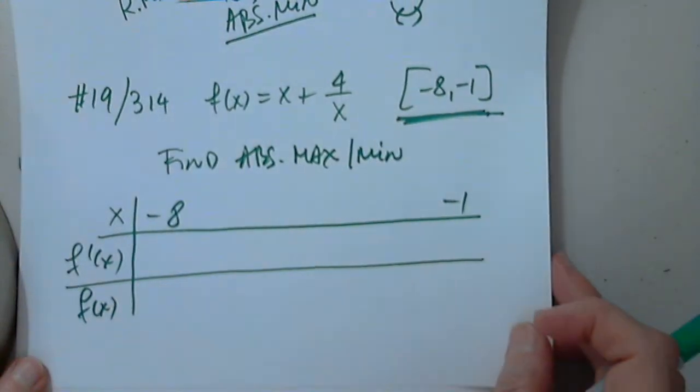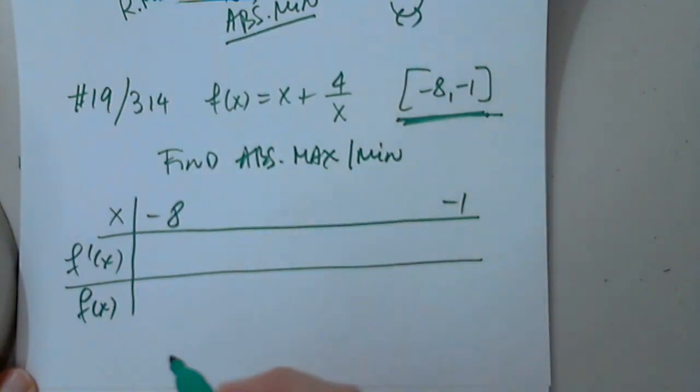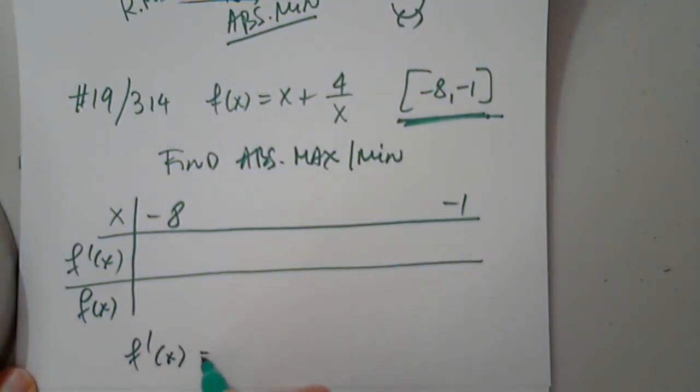Okay. So all I have to do is find f prime. What is the derivative of x? 1. Yes. And the derivative of 4 over x?